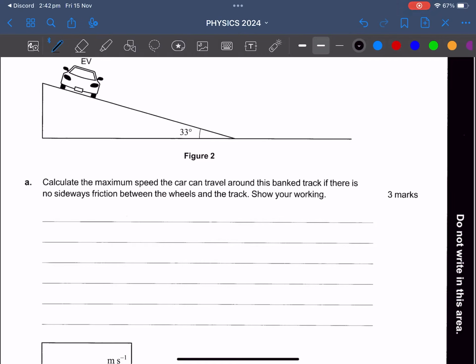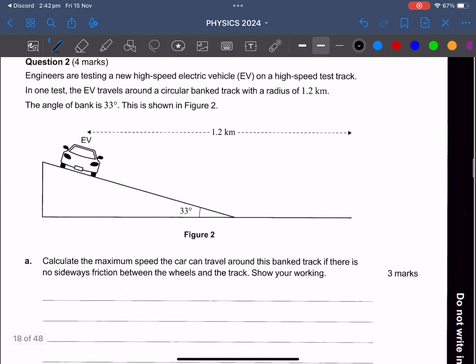Okay, in that case, let's just quickly label the forces. So we'll have our mg like this, and then we have our normal force going like this.